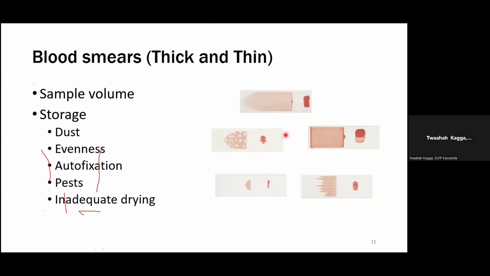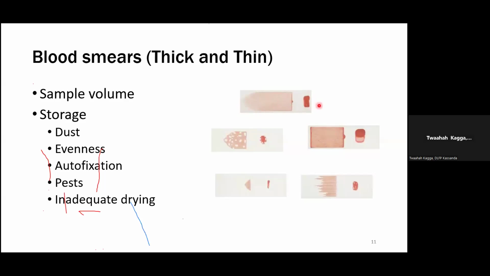Then again, when we are making smears, we should also consider the sample volume, how much volume is required for a thick film and how much volume is required for a thin film. Like this slide that I'm highlighting, the volume of the sample was too little so the smears did not come out well. Then the first one on top here, the volumes were okay, so the thick film appeared well, and the thin film also appeared well.